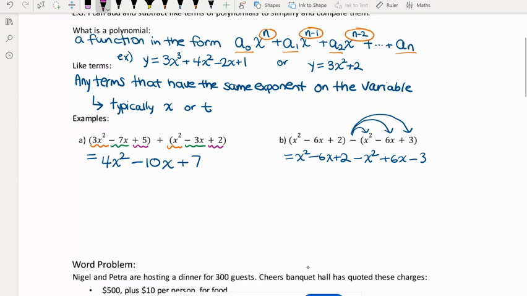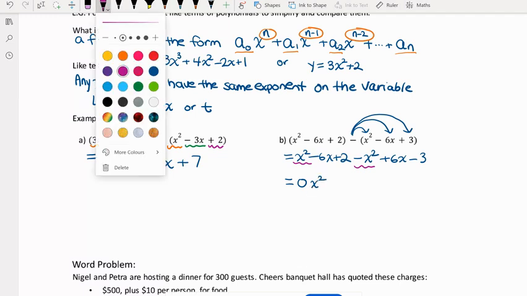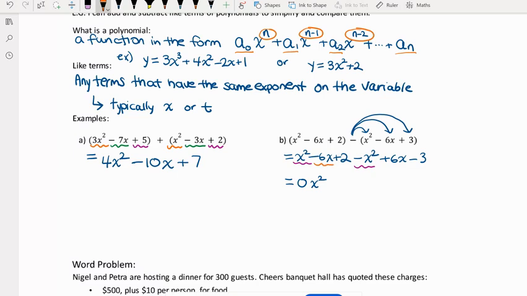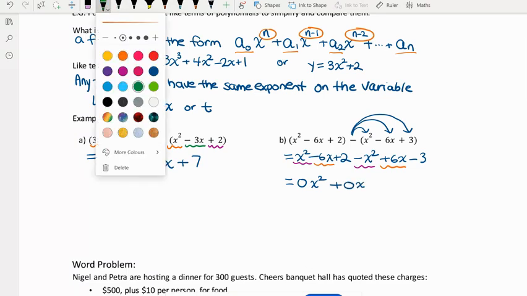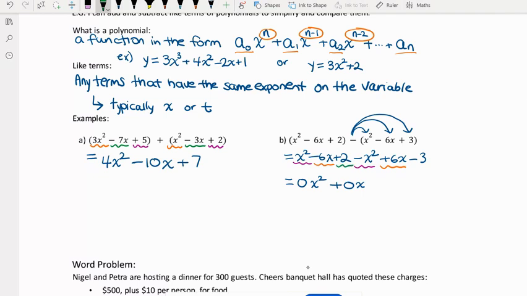Okay, let's collect the like terms again. So x squared minus x squared gives you 0x squared. Negative 6 and positive 6 is again 0x. Positive 2 and negative 3, negative 1. So your final answer, negative 1.